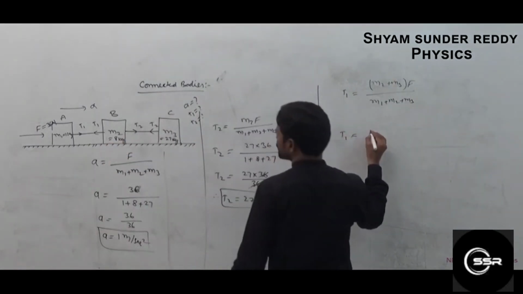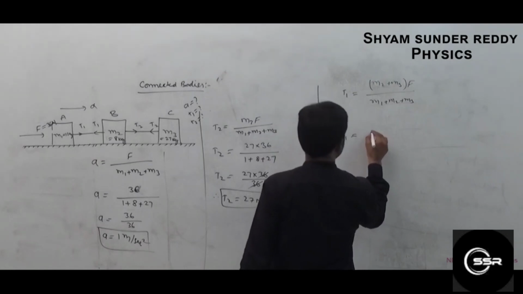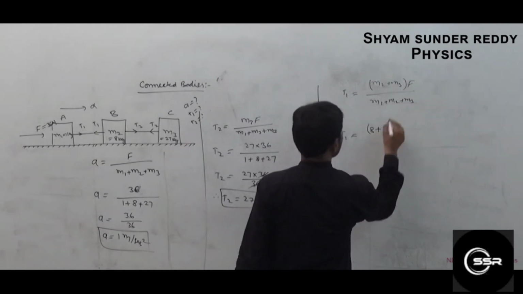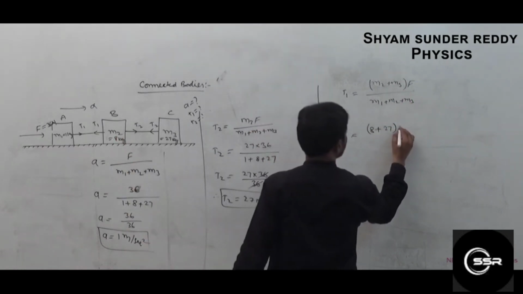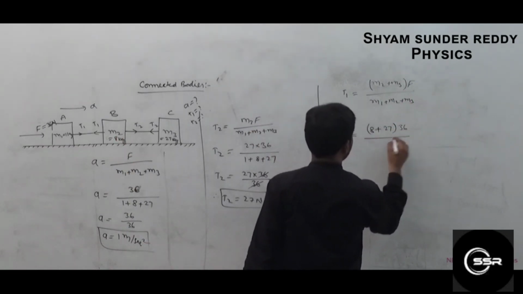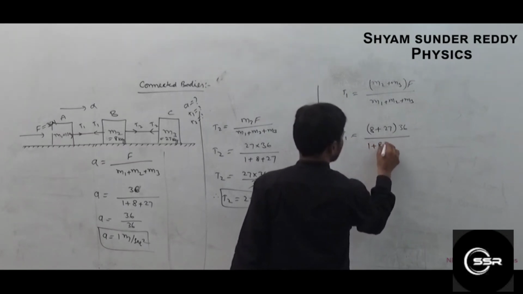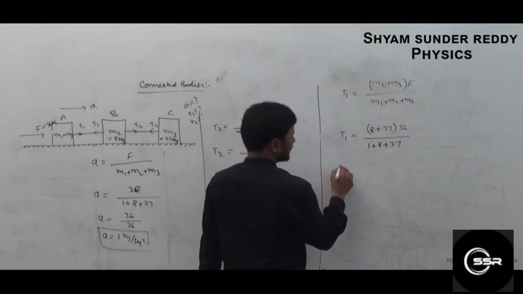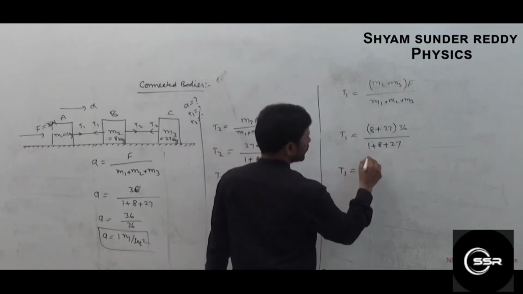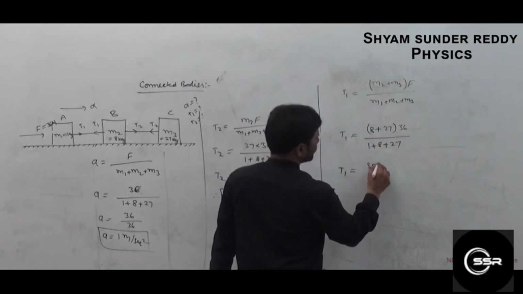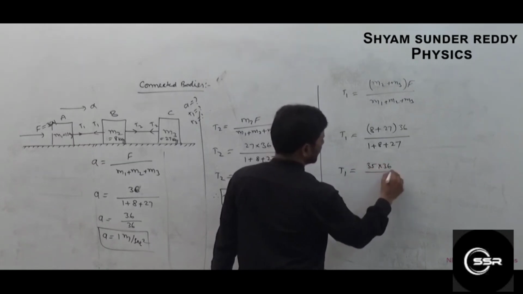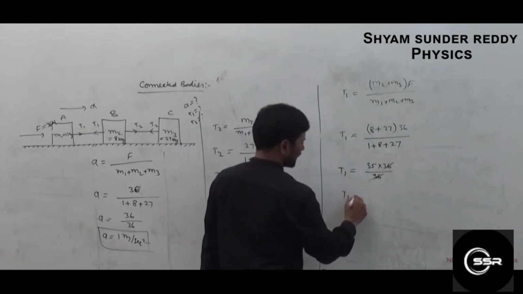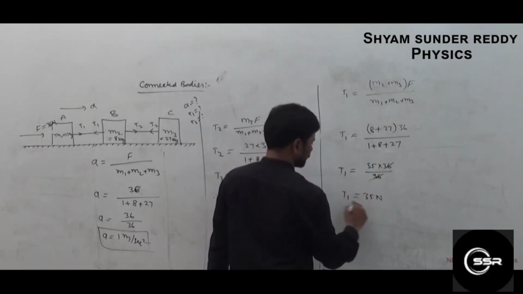M2 is 8 kgs, M3 is 27 kgs, into F is 36 newtons divided by 1 plus 8 plus 27. Here it is. T1 is equal to 35 into 36 by 36, 36 gets cancelled. Then T1 is equal to 35 newtons.